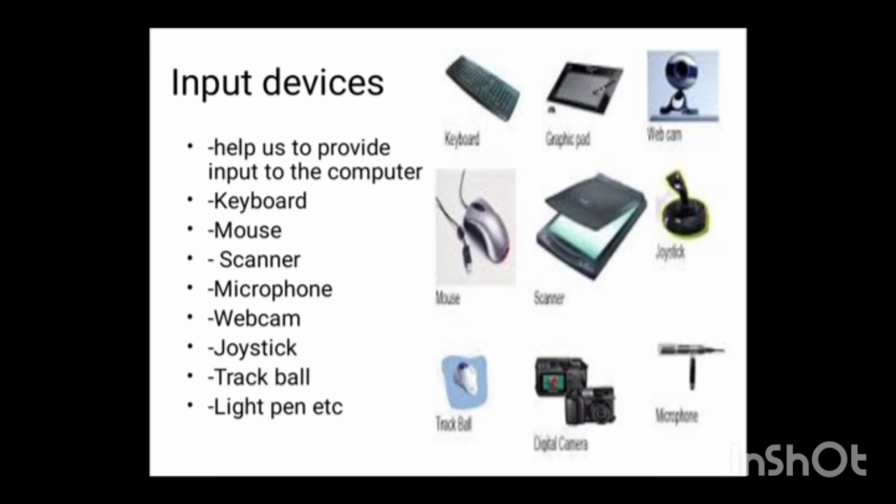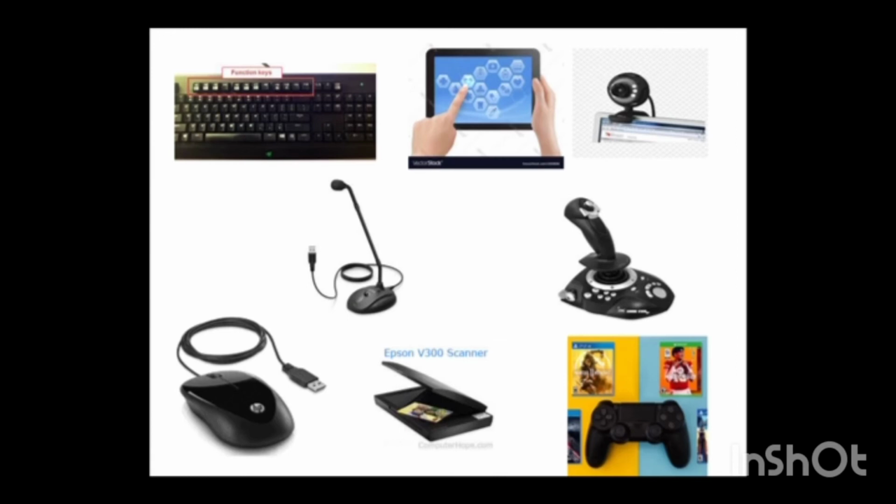Okay, now let us see the screen. See, keyboard, touch screen, webcam, microphone, joysticks, scanner, mouse. These all you can see on the screen, isn't it? Can you recognize all these things? Yes. Okay.